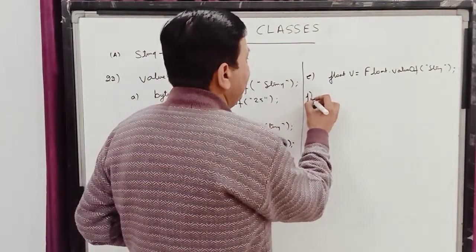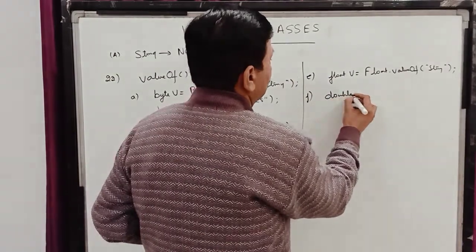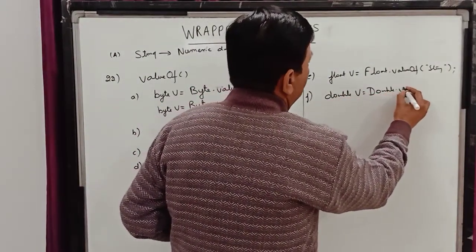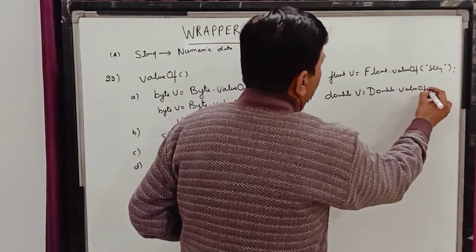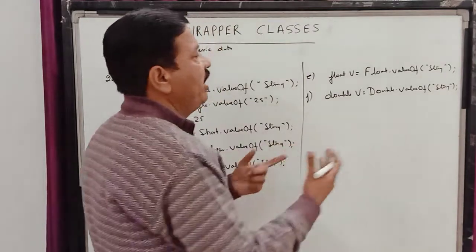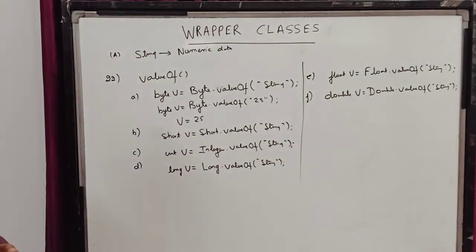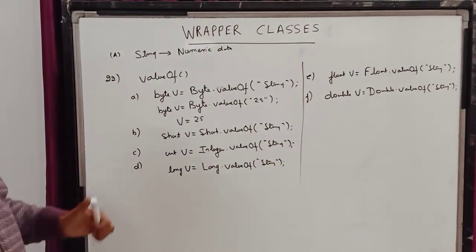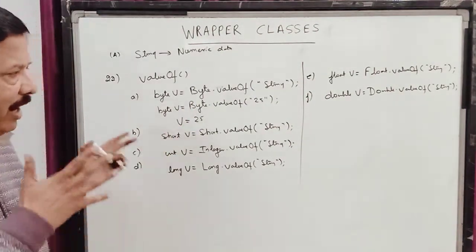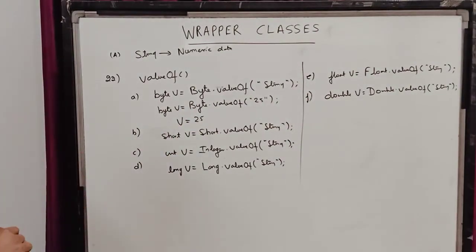And the last one is double v is equal to Double.valueOf string. It is going to convert my string value into type double. And, children, in both valueOf and parseInt, I have used wrapper classes. So wrapper classes are used in these functions. Now, children, I hope this function is clear to you.